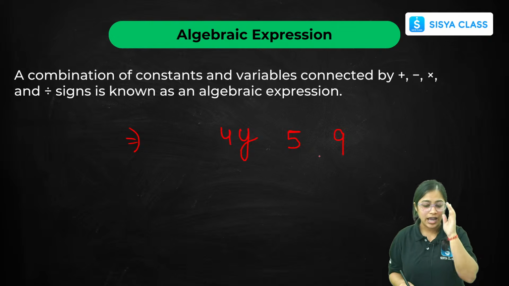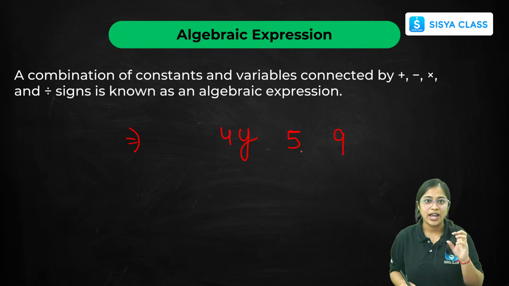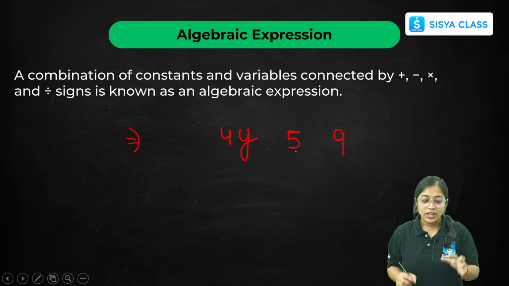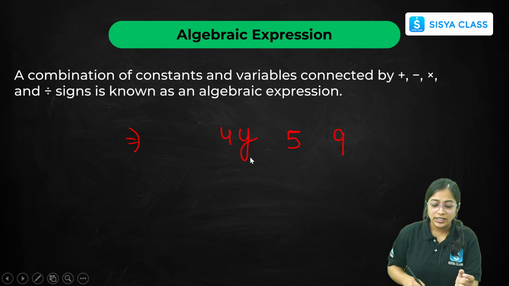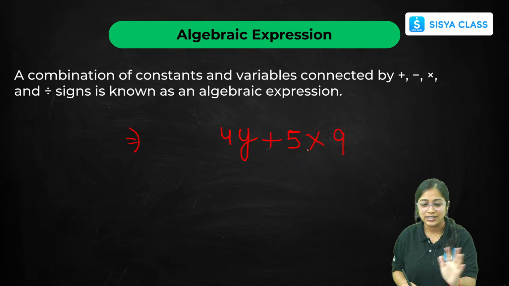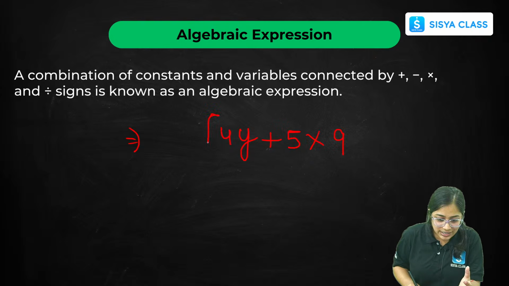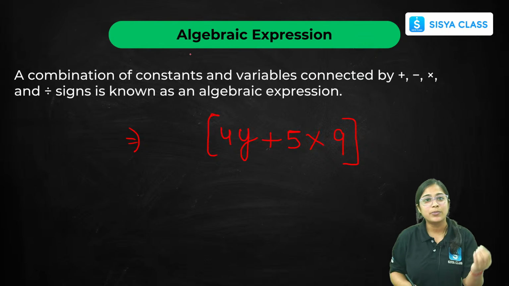Now if I combine my variable and constants by using the signs plus and multiplication, I can use any sign here, this is an expression, and we call it an algebraic expression.